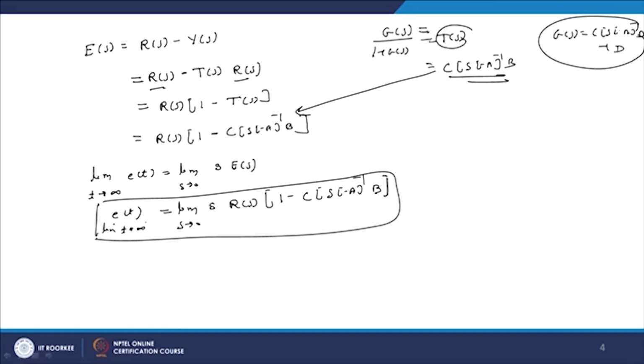Limit t tend to infinity E of t equals limit s tend to 0 of S R of S over 1 plus C (SI - A) inverse B.